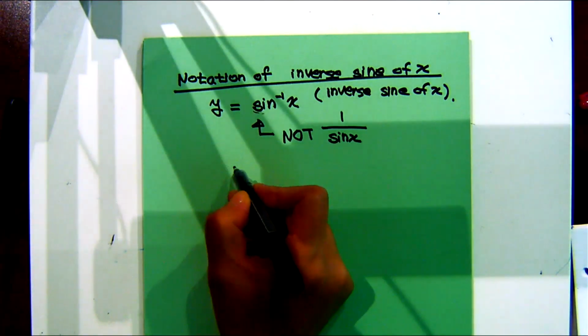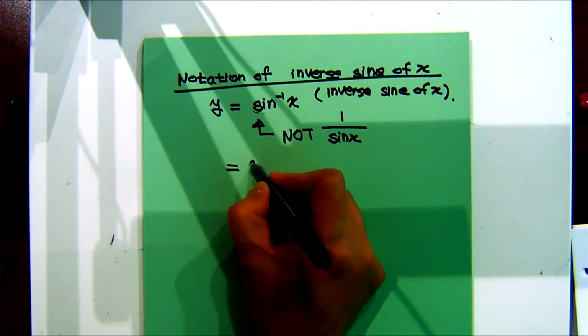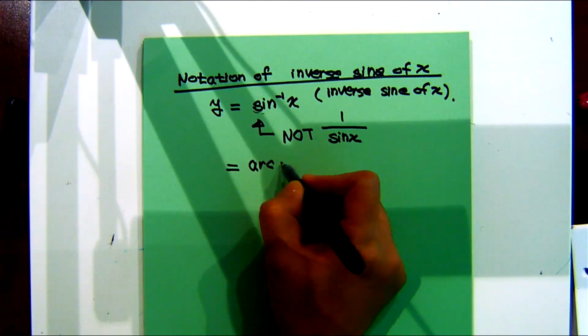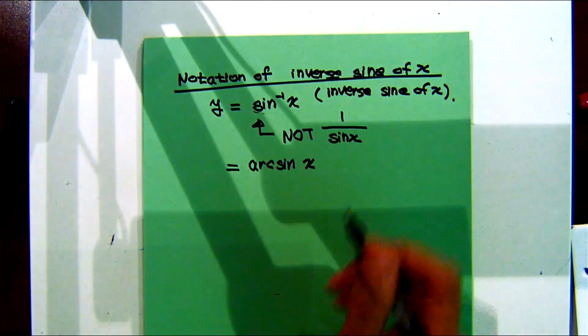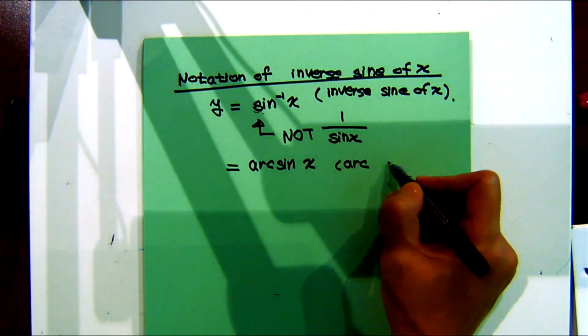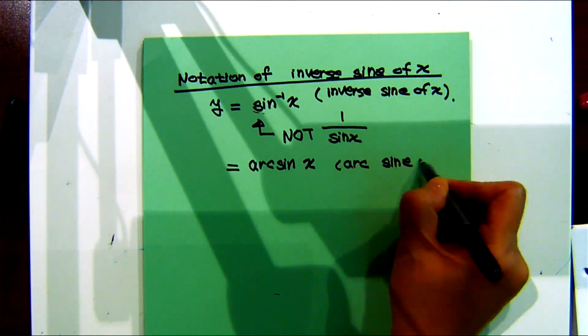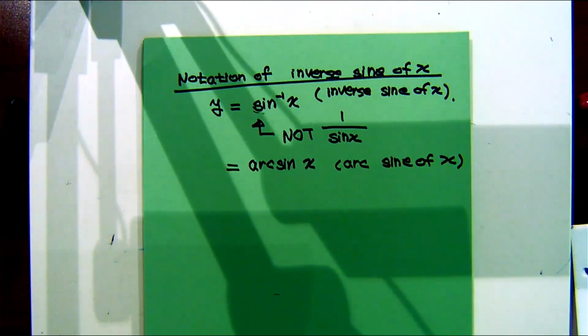And then, if it is confusing, some people will use arc sine. Arc sine of x. So read arc sine of x; that means inverse sine function.